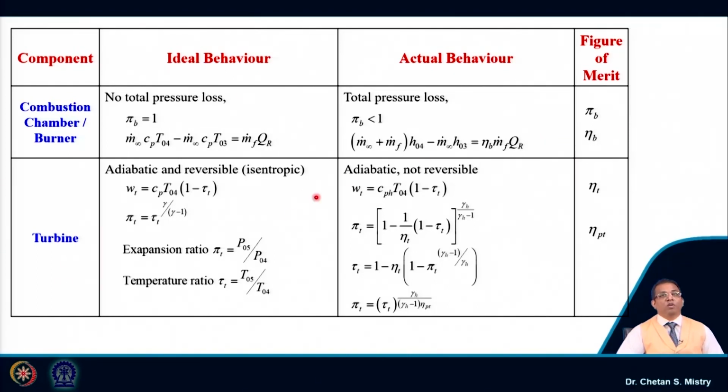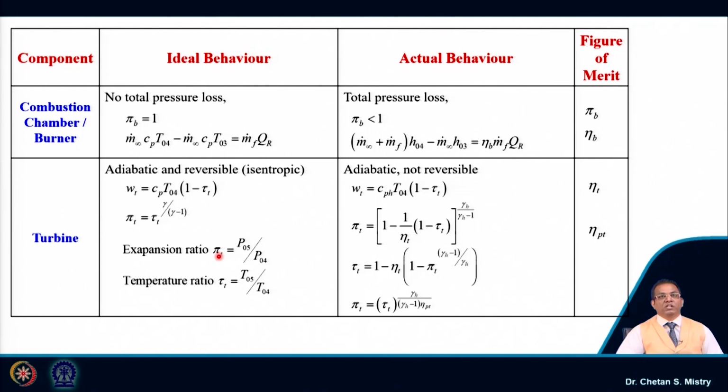In line with what we discussed for the compressor, for the turbine we can assume the ideal process to be adiabatic and reversible, that is, isentropic, where the work done is given by m Cp delta T0, or nothing but the enthalpy difference.